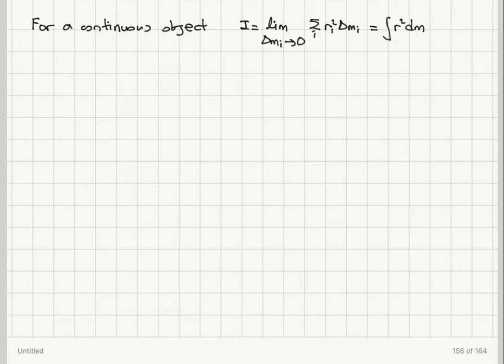So how do I calculate dm? This is something we have discussed before in the center of mass calculations. It depends on how many dimensions we have for this object.